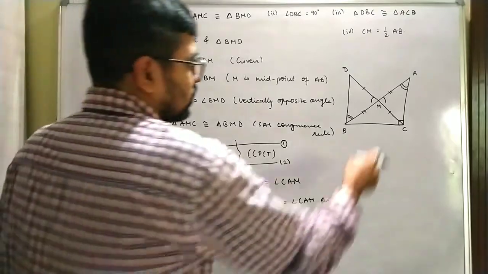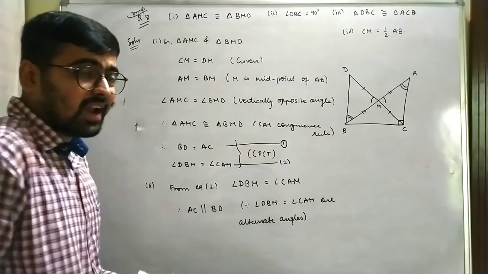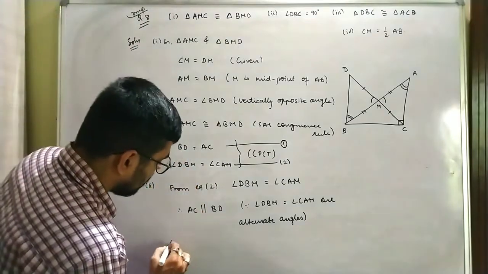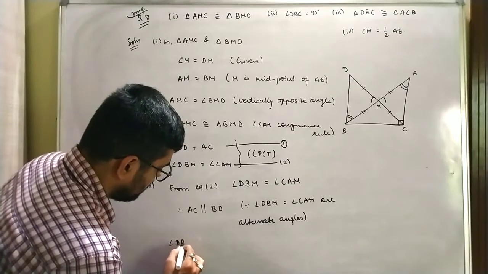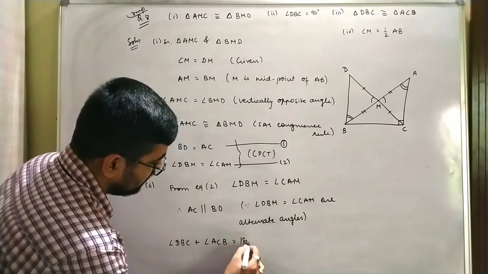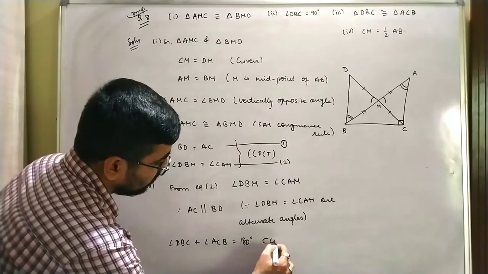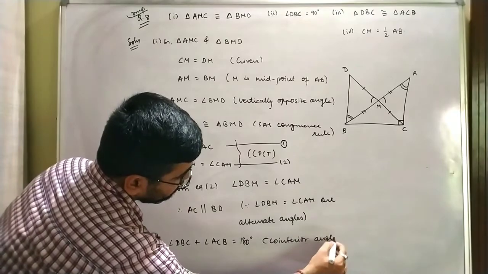Now if I get to know that AC is parallel to BD, I know already this angle C is a right angle, so I can apply co-interior angles: angle DBC plus angle ACB is 180 degrees. Correct?